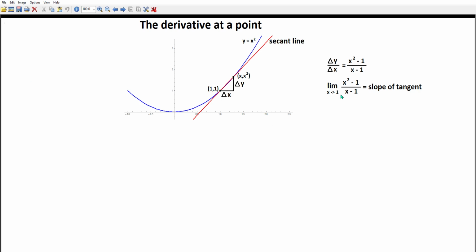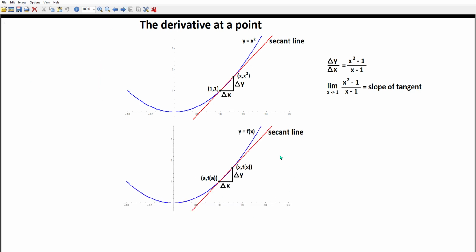Now, we explored what that meant, and along the way discovered that the answer here is 2, but we want to do this more generally. So now our function is y equals f of x. Our point is no longer (1, 1), but is at x equals a, so this point is (a, f of a). We pick a point on the curve, (x, f of x), draw a secant line, and calculate the slope as delta y over delta x.